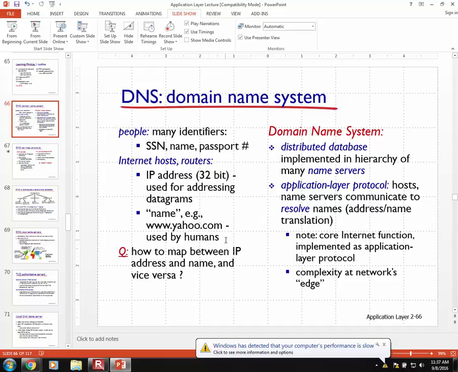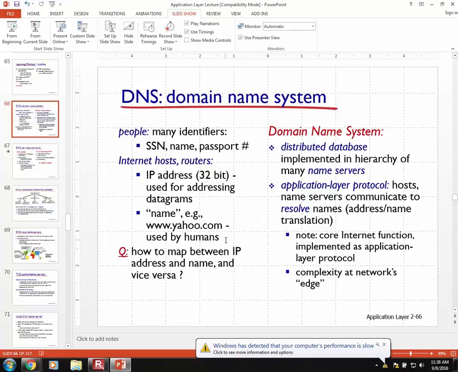From the point of view of application layers, the domain name system is an application that also uses its own application layer protocol that lets hosts and name servers communicate with each other to resolve these names into IP addresses.